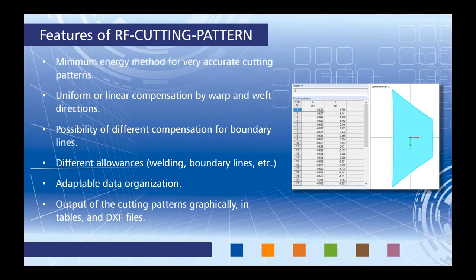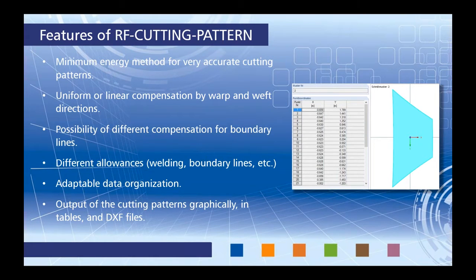We can also allow for different allowances, such as for welding and for boundary lines. Welding for overlapping members, maybe we need some additional material. Boundary lines for the upper and lower portions of the 2D cutting pattern as well. There is adaptable data organization, meaning even after we have performed the calculation for our 2D cutting pattern, we could go back and easily add in some additional material for welding and for those boundary lines without having to recalculate the 2D cutting pattern.